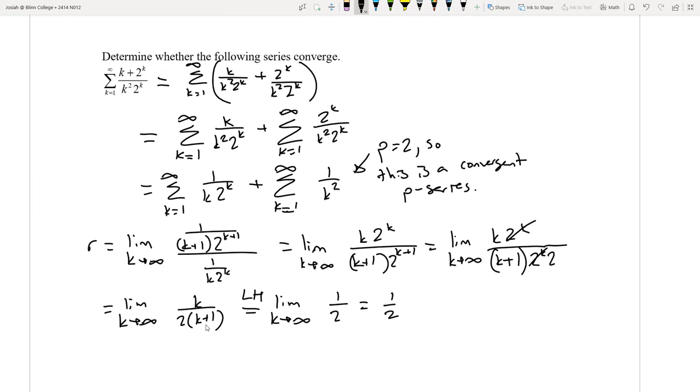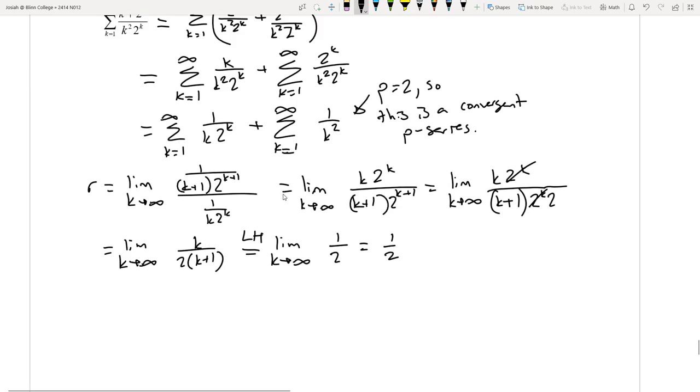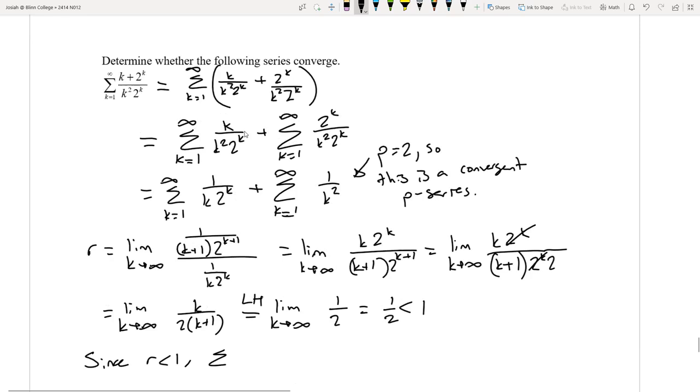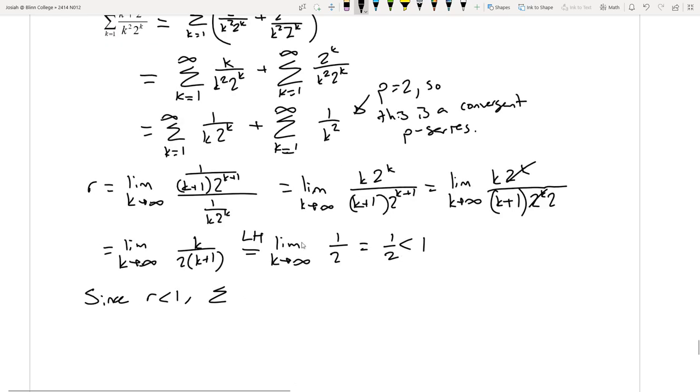And so we've got two explanations, since we did have two different series. Since this is less than 1, since r is less than 1, we've got our series that we worked with here, 1 over k to the k, converges by ratio test.